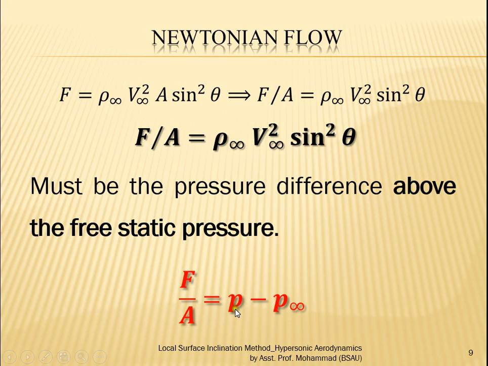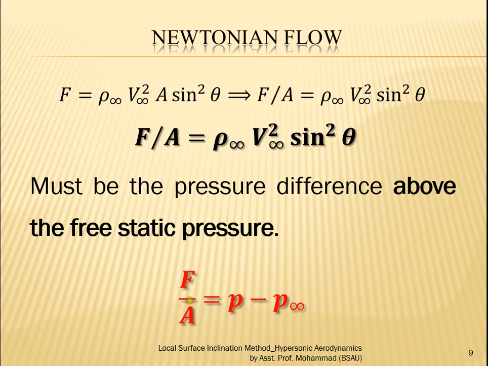This is the total net pressure at any location, and this is the static pressure in ambient condition. So what he found is actually the difference. That was easy to understand, given that Newton's law did not consider the random motion of the fluid particles.